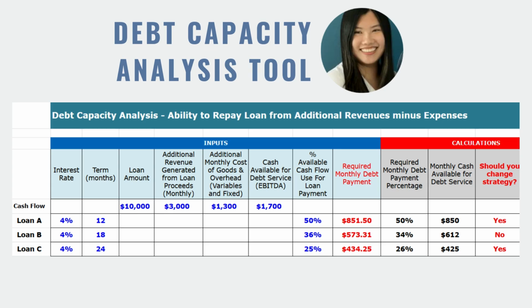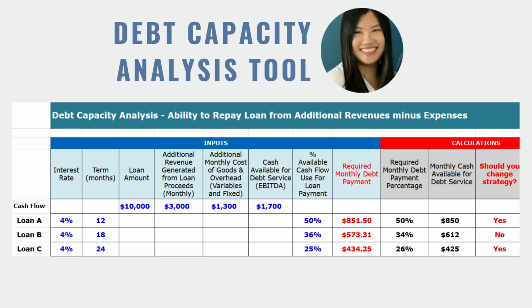Then input the additional fixed and variable costs you reasonably expect to incur related to this new investment. This may be additional space costs, increased insurance fees, greater supply costs, and other added expenses.